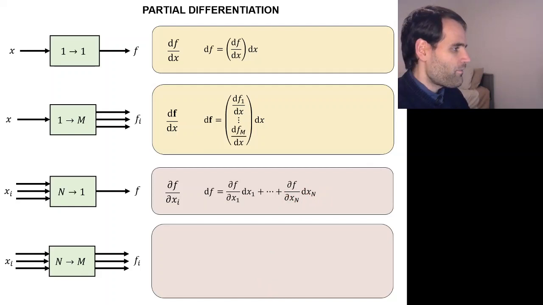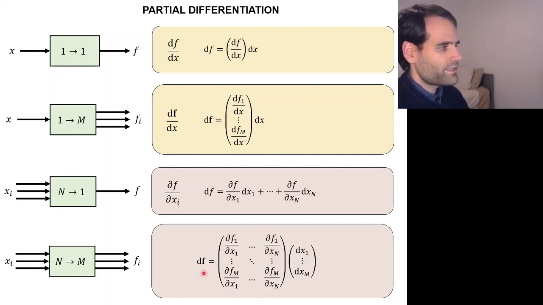And finally, now we have learned that the total differential in the general case of a function with n input variables and m component outputs, the total differential of this vector f is the Jacobian matrix, which contains all of the partial derivatives of all of the outputs with respect to each of the inputs. So we create this grid, multiplied times this vector of the differentials of the input.